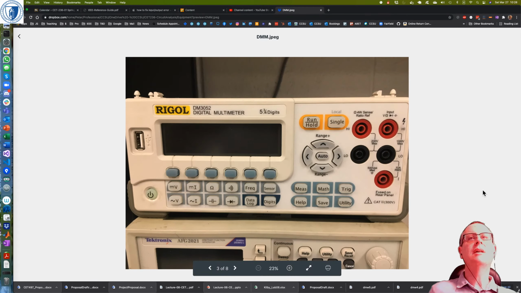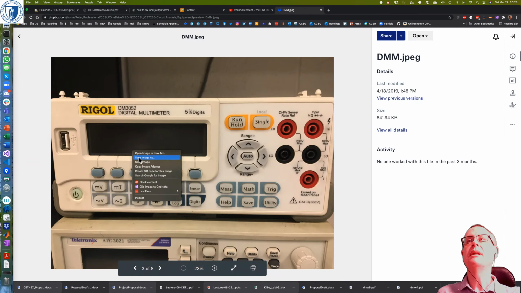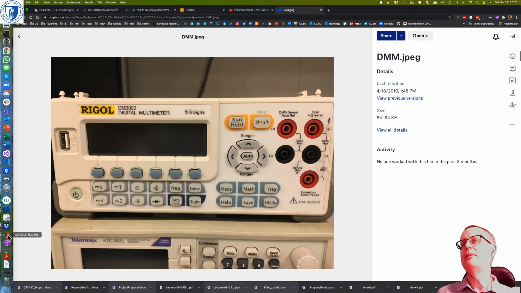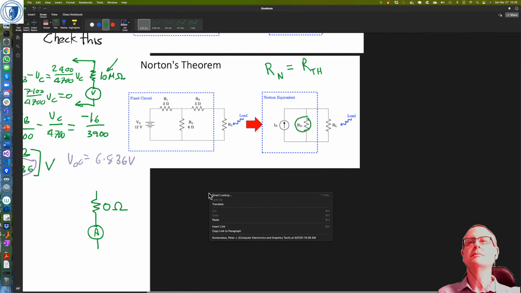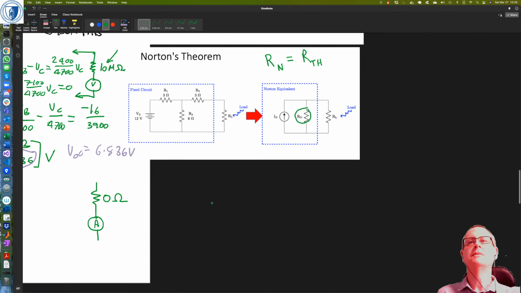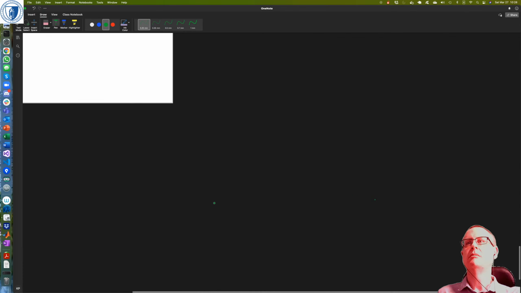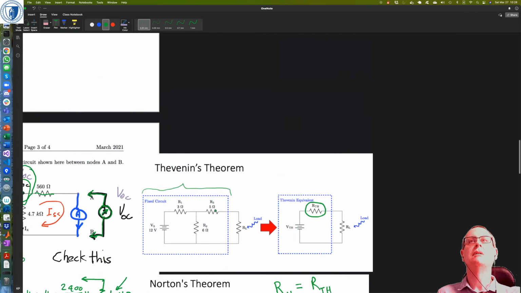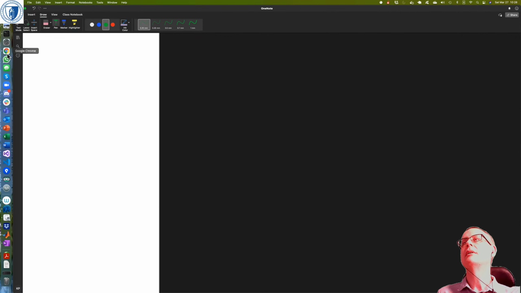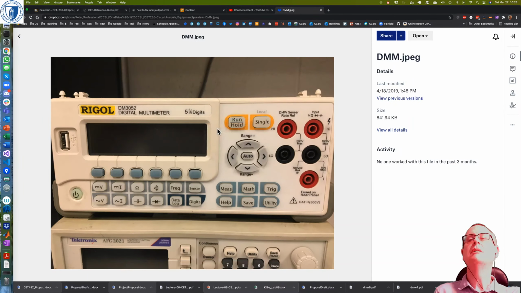Right, so this is a picture of the multimeter we have in the lab. In fact, let me take a copy of that and put it over here so I can draw on it. Where'd it go? It didn't go anywhere. Let's save image, maybe?